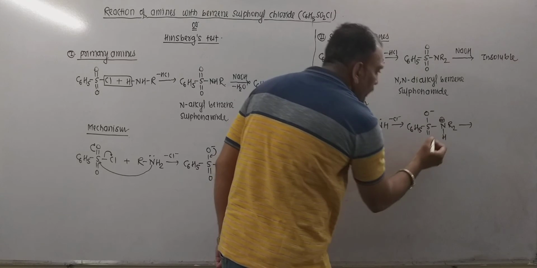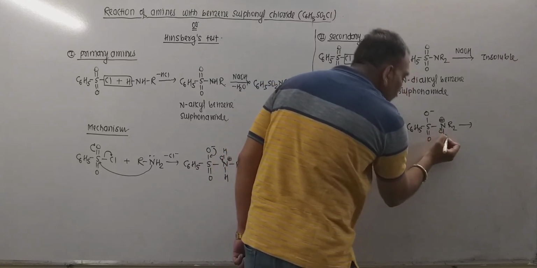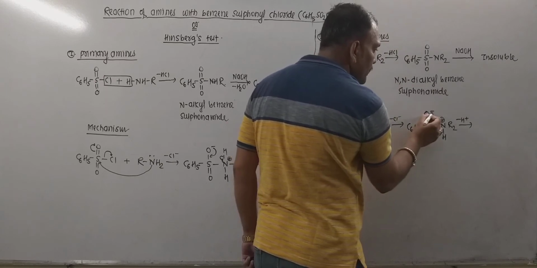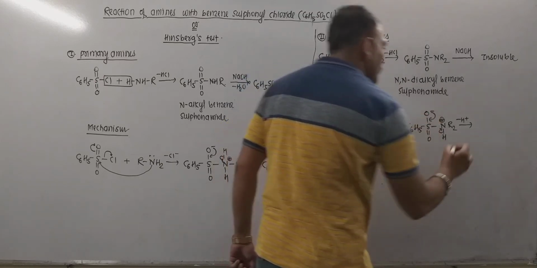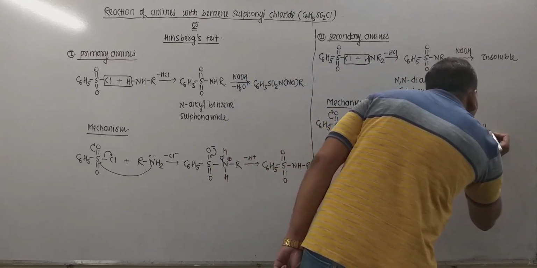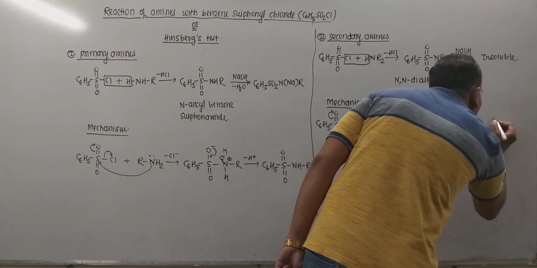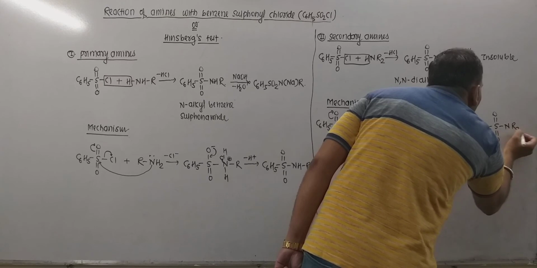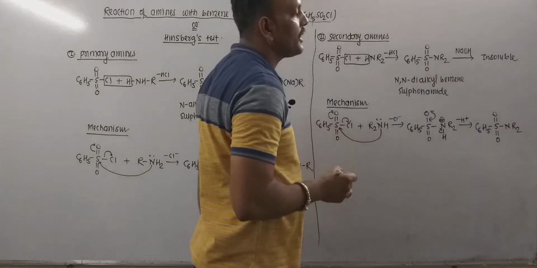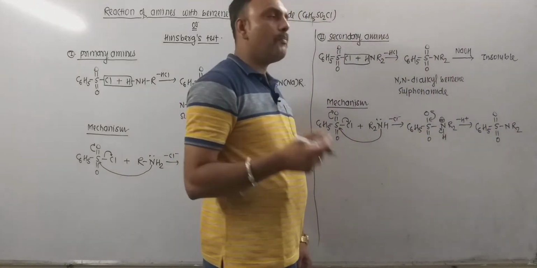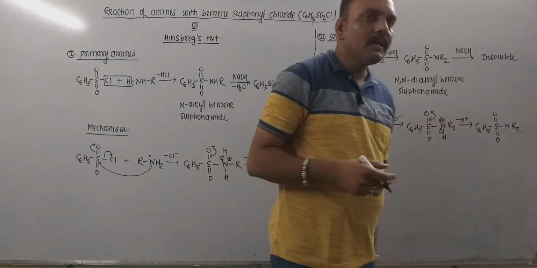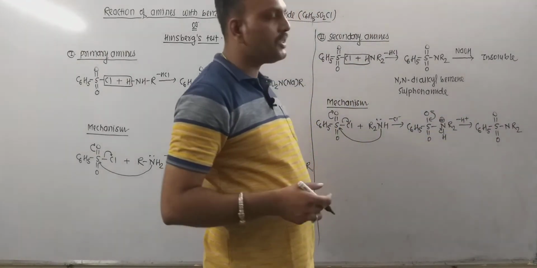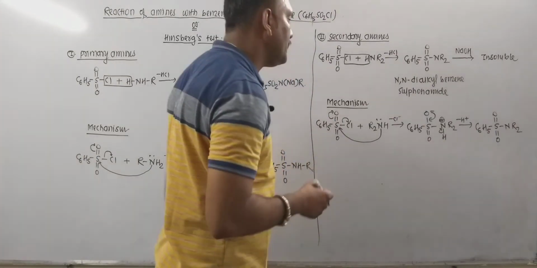At this point, nitrogen attracts this pair of electrons and thereby liberation of proton takes place, and this electron pair gets shared with sulfur. So this leads to the formation of C6H5SO2NR2. This is the product, N,N-dialkyl benzene sulfonamide, which lacks acidic hydrogen, and due to lack of acidic hydrogen it is insoluble in alkali.